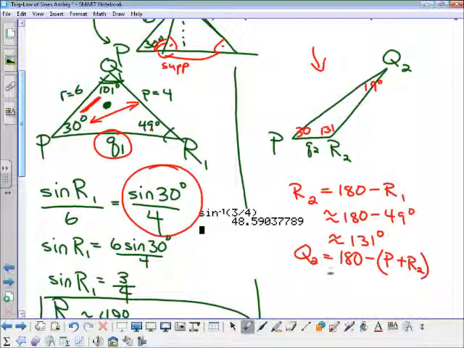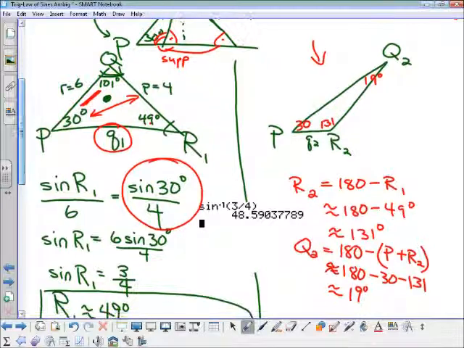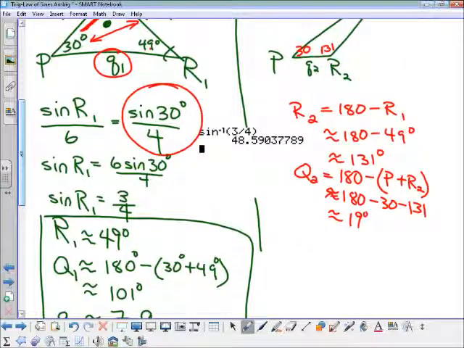Again, this is approximately because P is exact, but R2 we rounded. Now you don't have to show all this arithmetic. I'm trying to explain it, so I'm showing you how we get our values. So that one's 19 degrees.